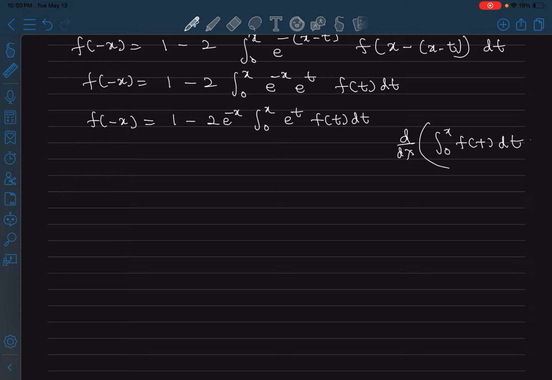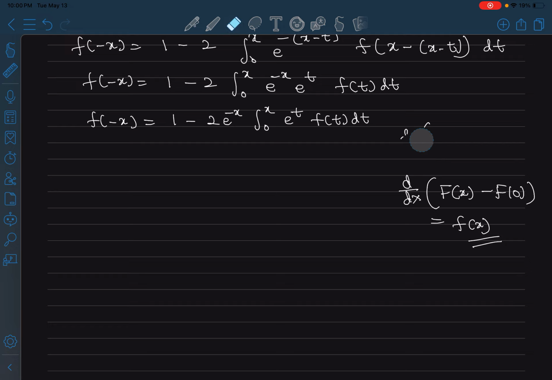If I integrate this, let's say the indefinite integral of f is capital F. So I will have capital F of x minus capital F of 0. If I differentiate this, the derivative of the constant is 0, so I will just have f of x. So we see that the derivative of this integral will just be f of x. Just keep that in mind. It will be helpful later on.